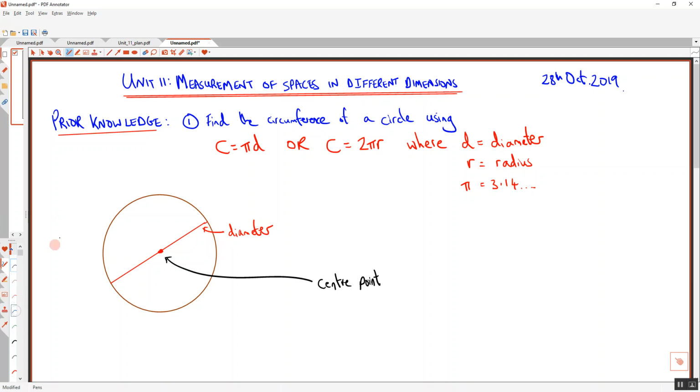Damon just told us that the radius is what? It's half the diameter, right? So it goes from the center point out to the edge. Good.